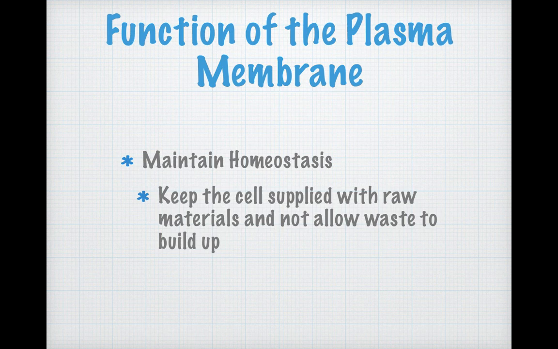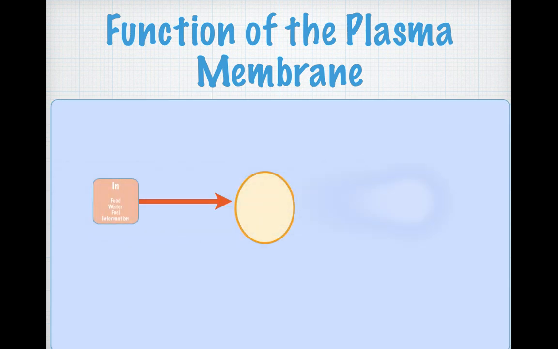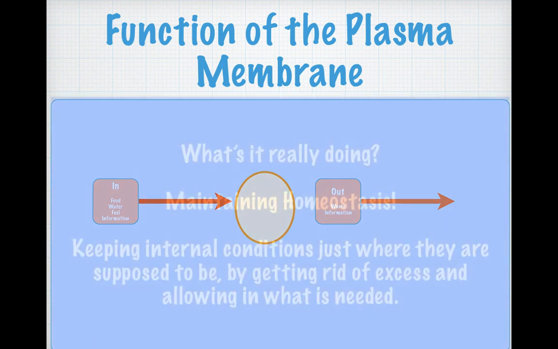And we can't do that if we don't have a defined space. So the plasma membrane helps us define the space we're going to maintain homeostasis in, and then it's going to actively participate in keeping the materials where they need to be. So we're going to need to get in things like food, water, and fuel, as well as information, and we're going to want to let out information and waste.